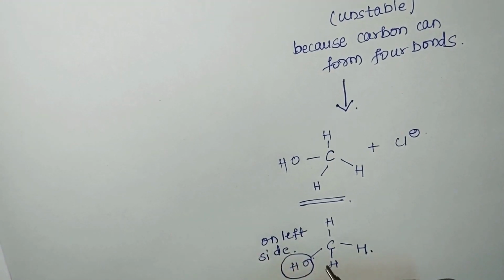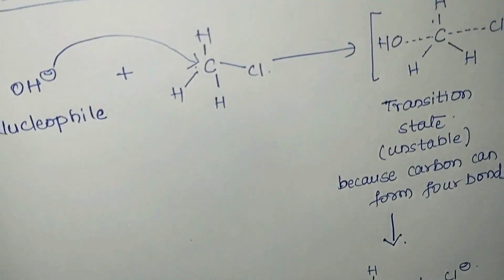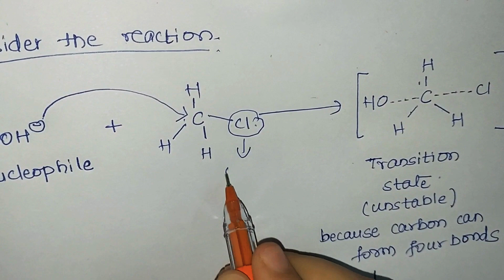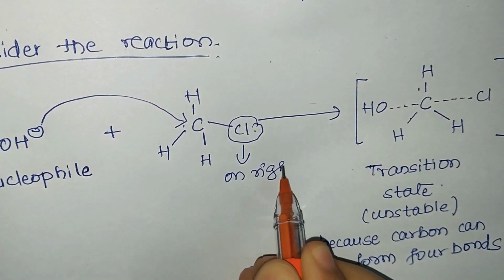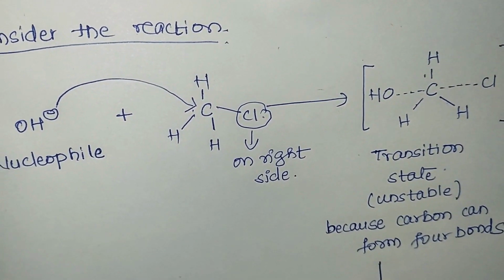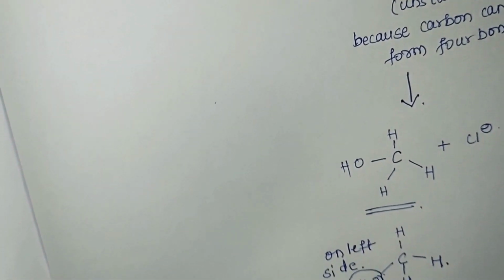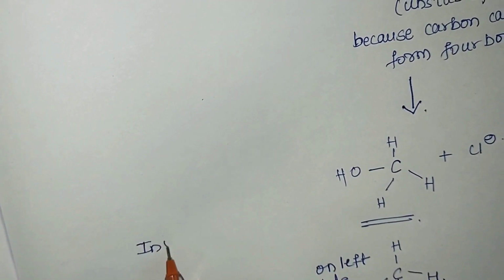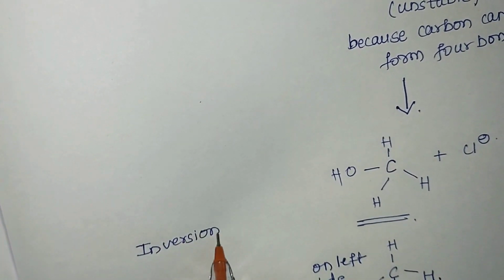Whereas in the reactant, on which side was the nucleophile present? On the right side. So what is the change here? The position of the nucleophile is changed. And when you obtain such a change in the position of the nucleophile with respect to reactant and product, we call it inversion of configuration.